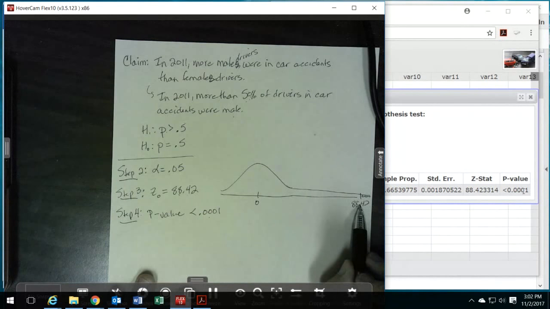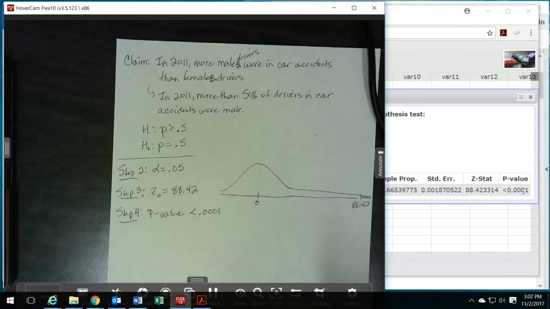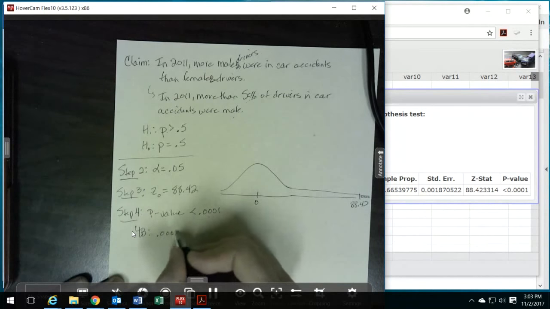You could figure that out on your calculator, and it would probably give it to you in scientific notation because it's going to be so small. Okay, so then for step 4b, we're comparing our p-value to our alpha, and we just know this is less than 0.0001, so we could even put that in there.